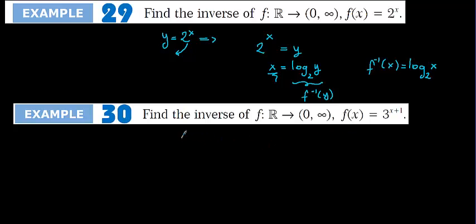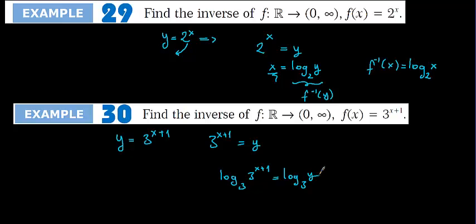y is equal to 3 to the power of x plus 1. We can write 3 to the power of x plus 1 is equal to y. Then when you take the logarithm of both sides, it should be logarithm base 3 of 3 to the power of x plus 1, and logarithm base 3 of y.